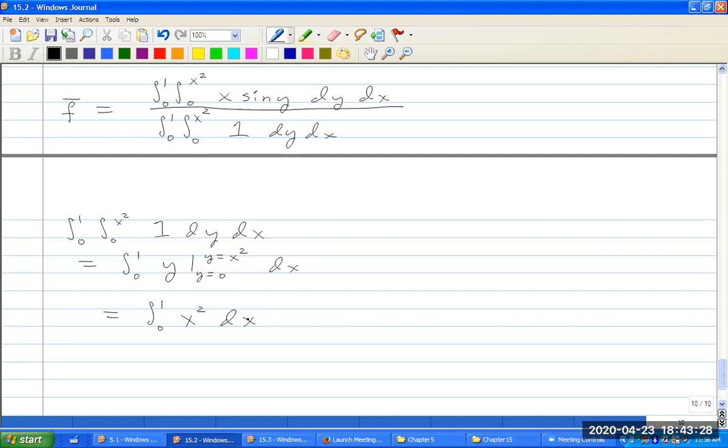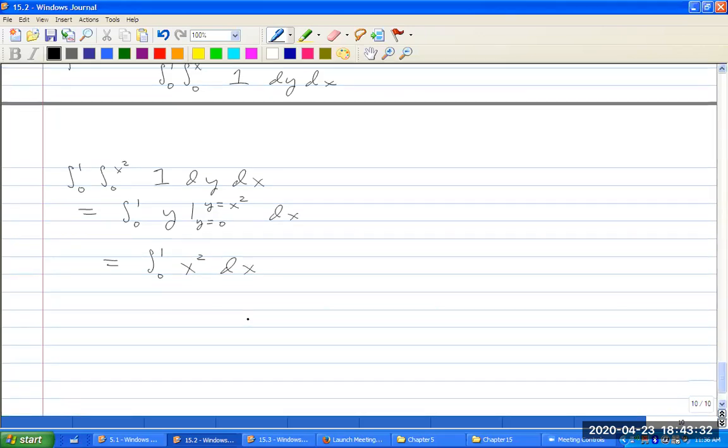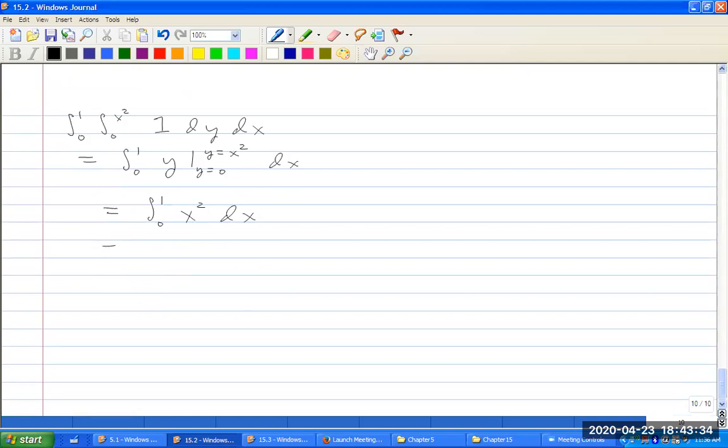So let's integrate this. This is just 1/3 x cubed between 0 and 1. So you're going to get 1/3 minus 0, which is 1/3. So that's an easy integration.